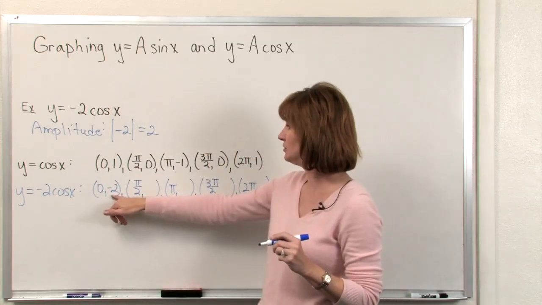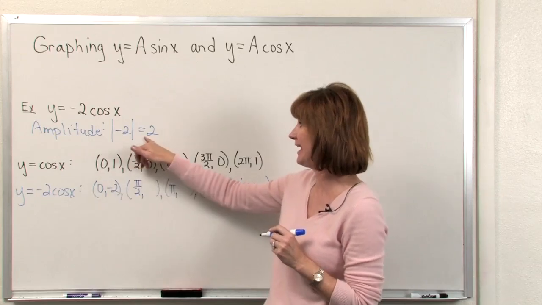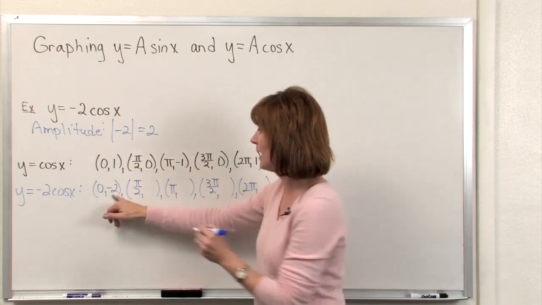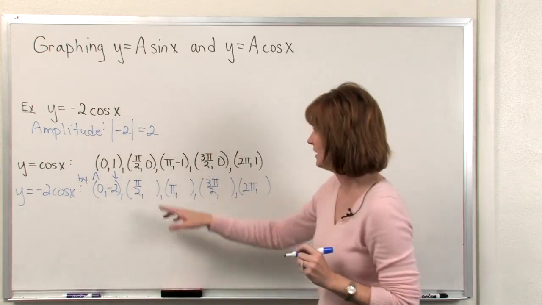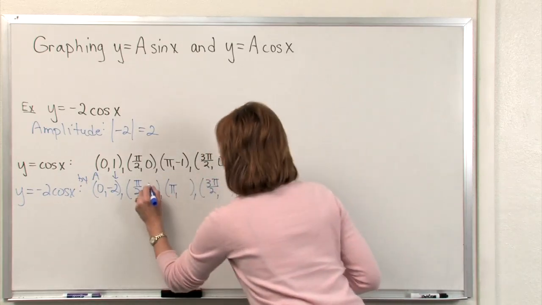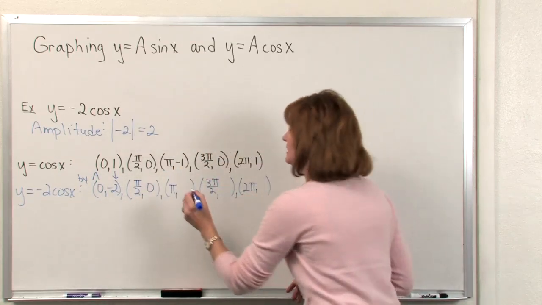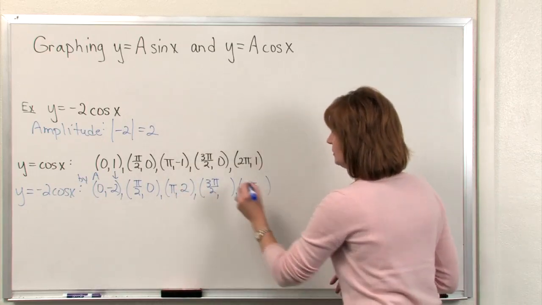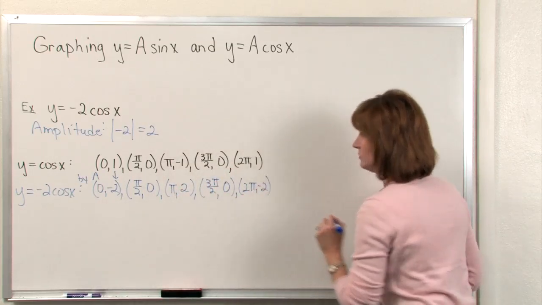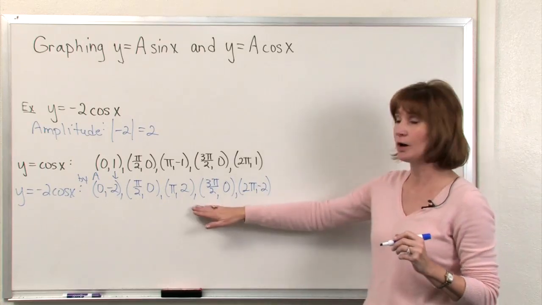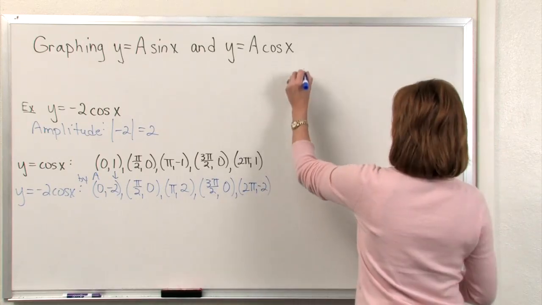It's important to note that you don't multiply your y coordinates by the amplitude, you multiply your y coordinates by a. Alright, so let's keep going. 0 times negative 2 is still 0. Negative 1 times negative 2 is positive 2. 0 times negative 2 is 0. And 1 times negative 2 is negative 2. So here are our quarter points for y equal negative 2 cosine x.